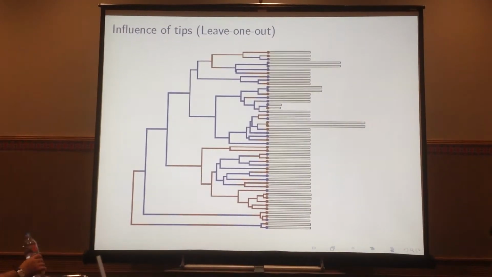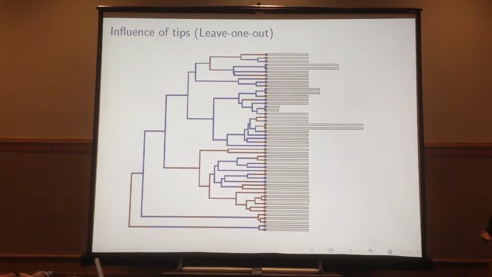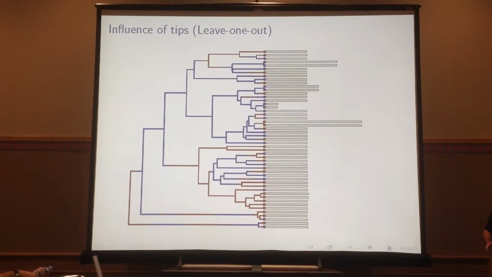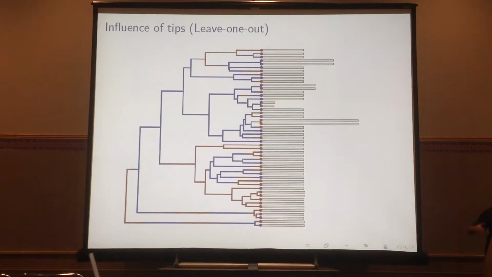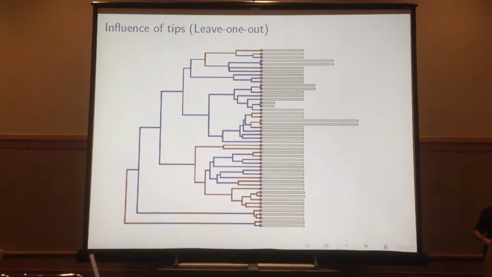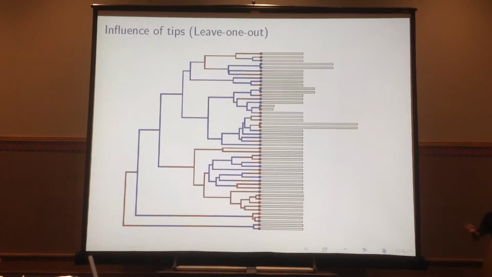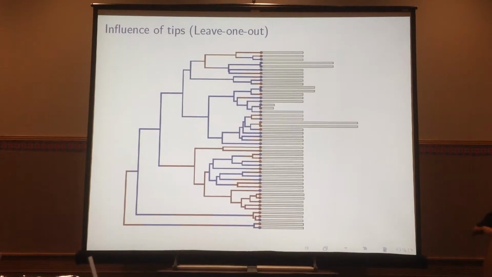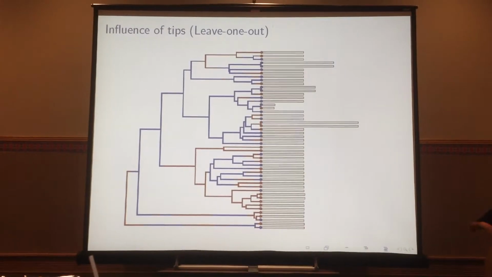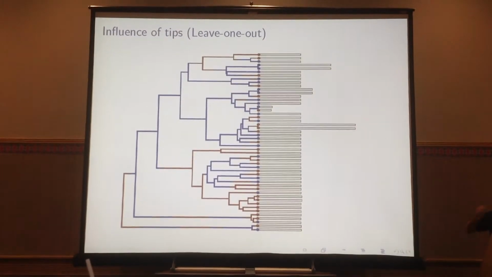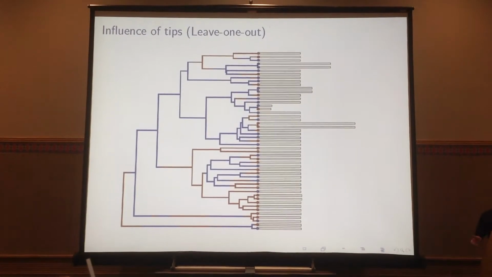So you may also do it like in the first talk in the session: instead of a leave-one-out, randomly choose a tenth of all the taxa, get rid of them, and see if you still get a very similar estimate.